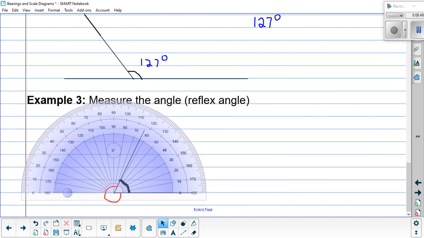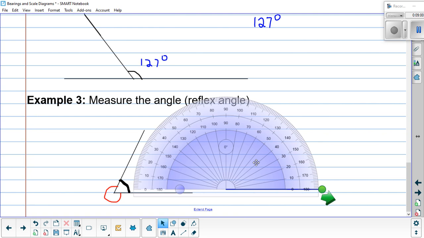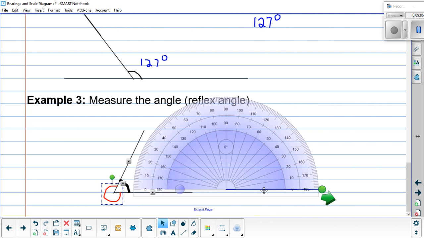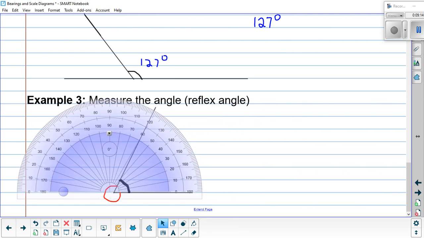So I'm choosing to measure the smaller angle because I don't have to turn the protractor on its side. Once again, I'm going to have to extend my line because I know it's not long enough. So here, extend my line, and I can move it back over.